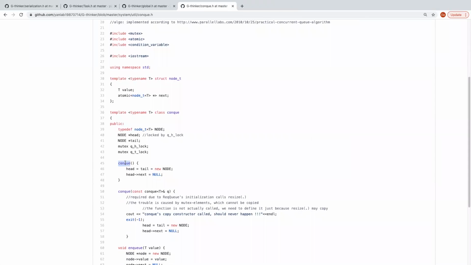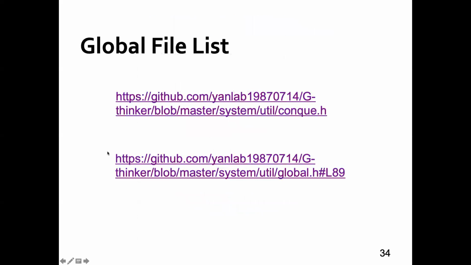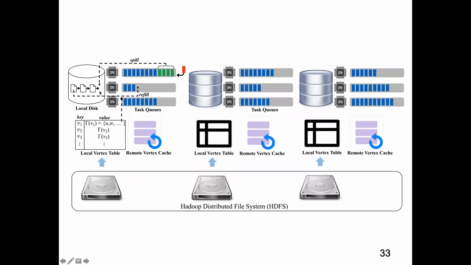Now, Professor, one quick question: why do we need the queue to be read from the front and the back? Why not just a normal queue? It's because this file list we are implementing using this queue.